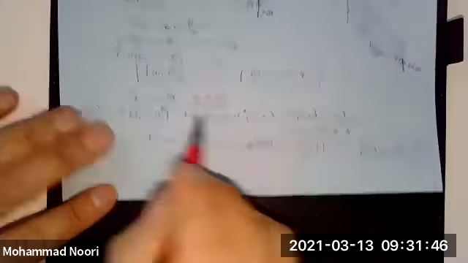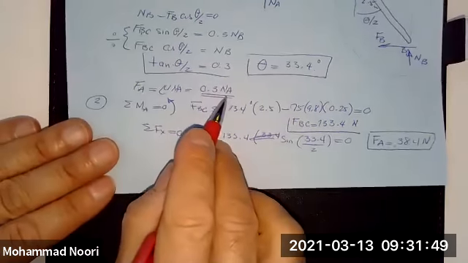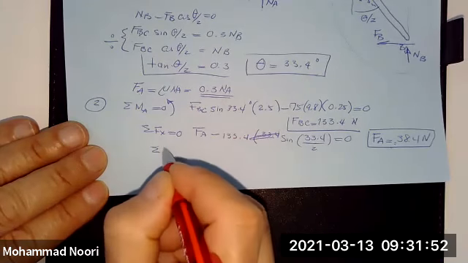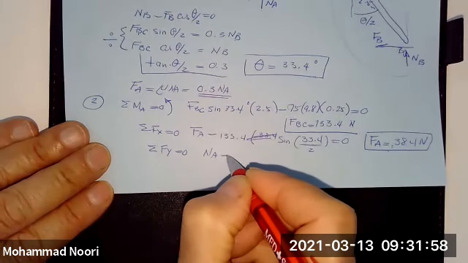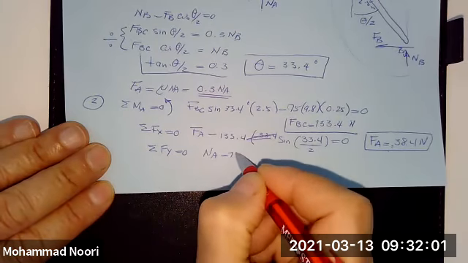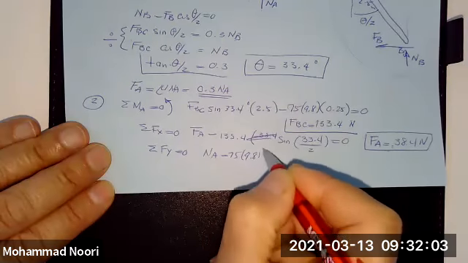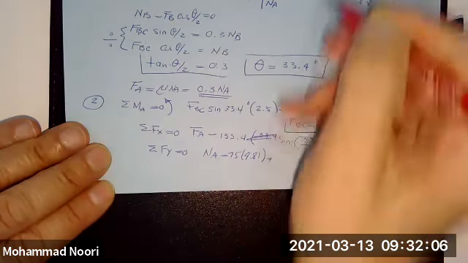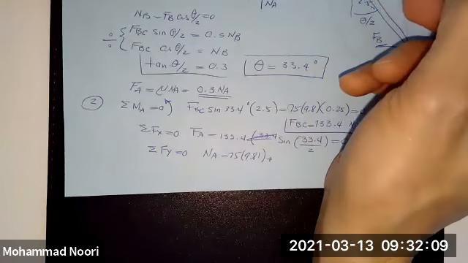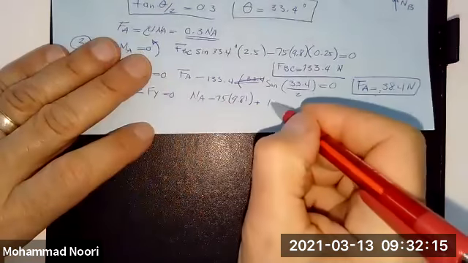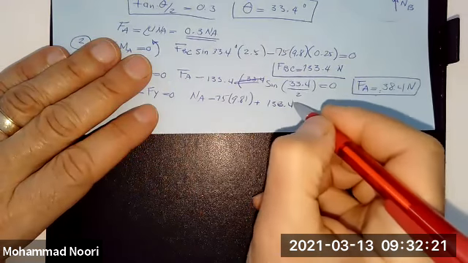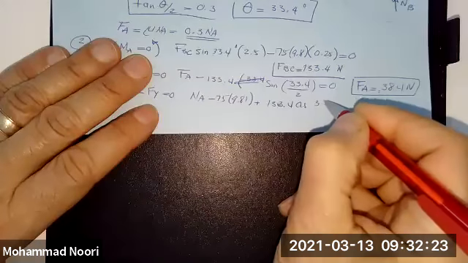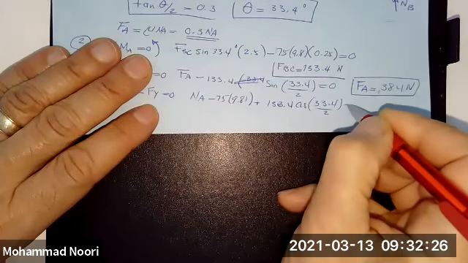Let's see if this is going to be less than this or not. So we need to find NA as well. In order to find NA, I write summation of forces along y also equal to 0. So I have NA minus 75 times 9.81, the weight, plus this component of FBC, 133.4 times cosine of 33.4 over 2, is equal to 0.